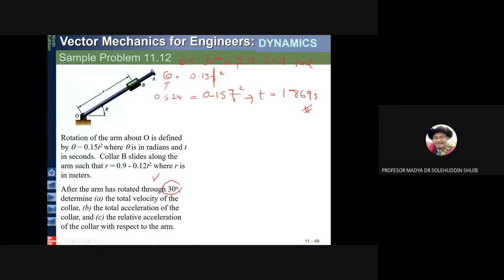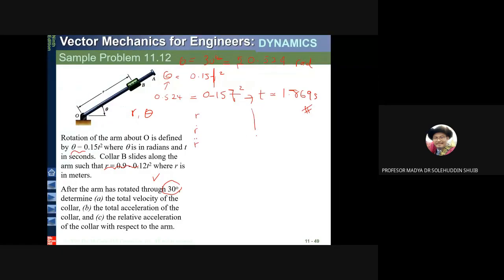And then you need to write the equation of motion by substituting the value of t for r and theta, and for their first and second derivatives. So we start by writing the radius r, r dot, and r double dot.